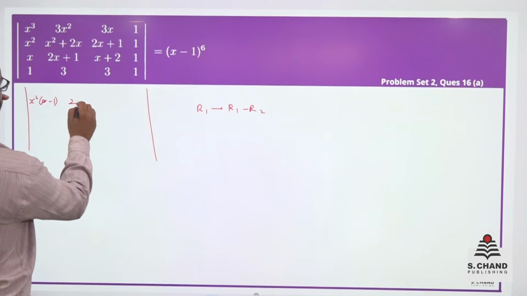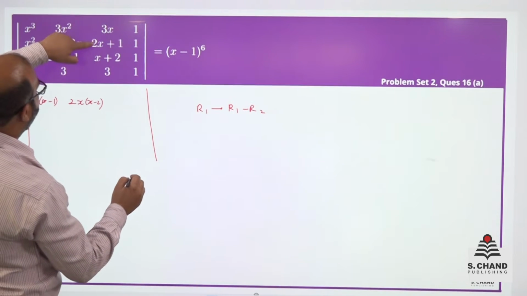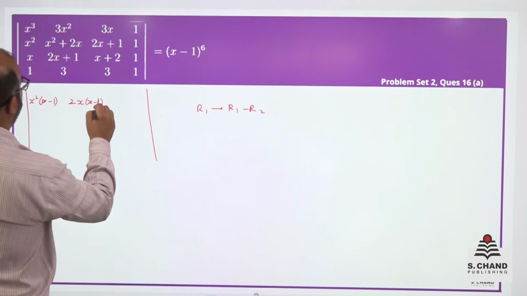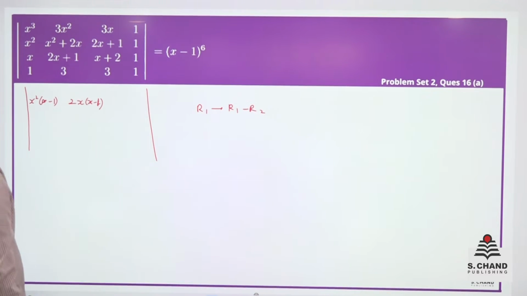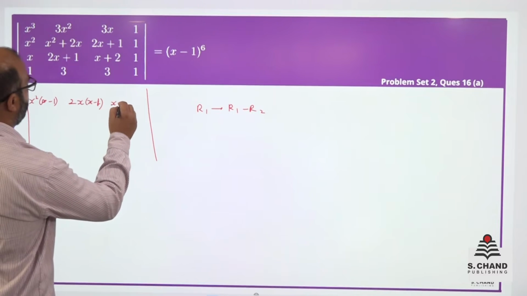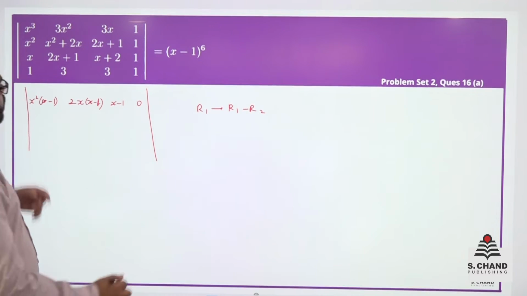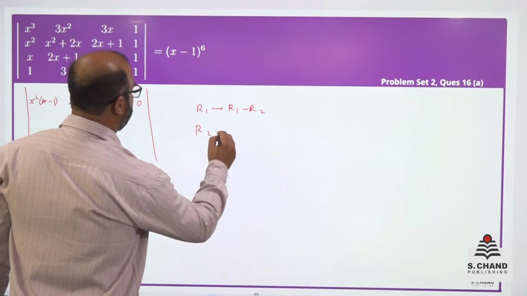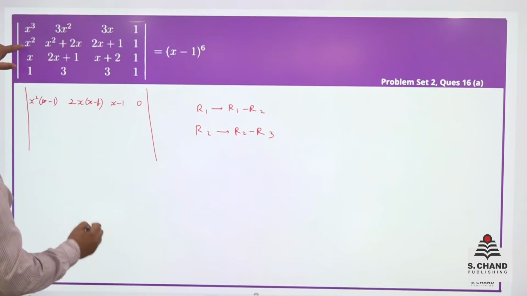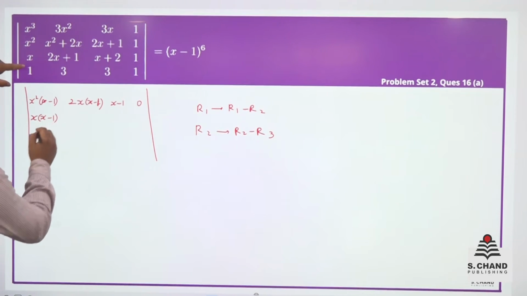2 is common, x is common, x minus 2. Here you will get x minus 1. It is x minus 1 here also, as 2 is taken as common. Here it is x minus 1. And last will be 0. Now I am doing R2 as R2 minus R3. So this will be x square minus x common, x minus 1.